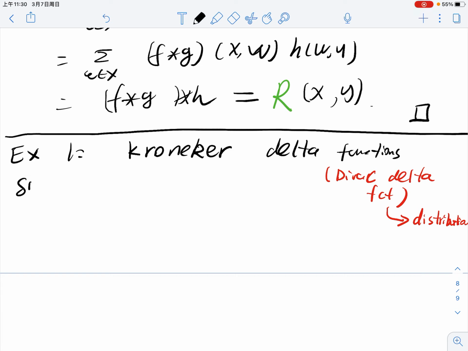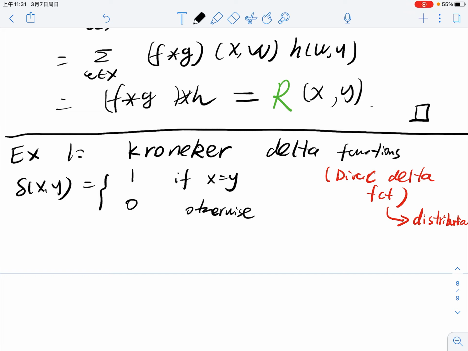It's defined by assigning 1 to the pairs with x equals y, and 0 otherwise. Of course, you can first verify that this is in the space.